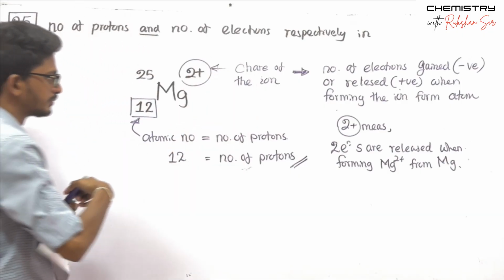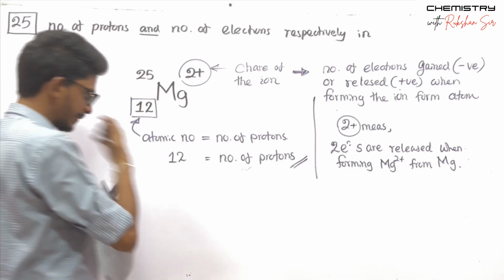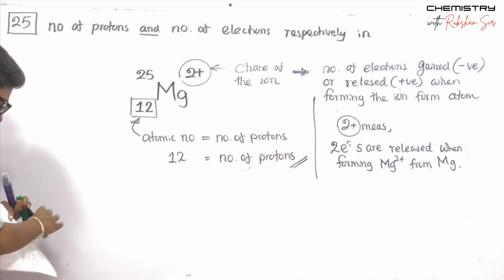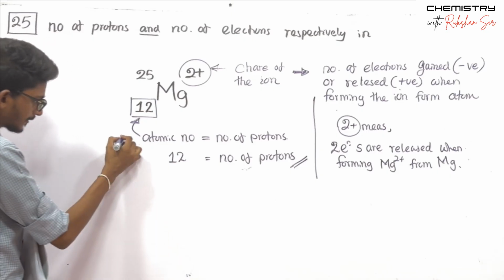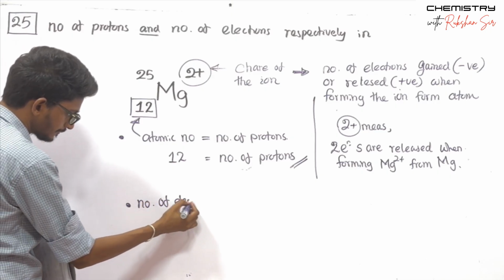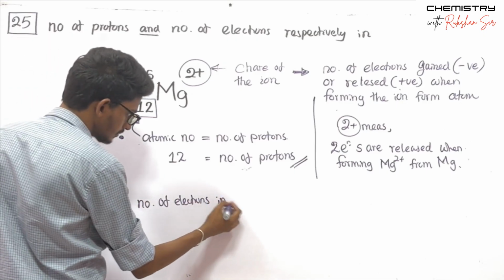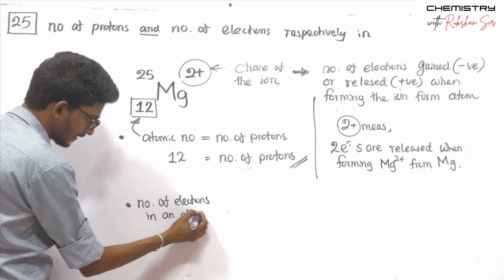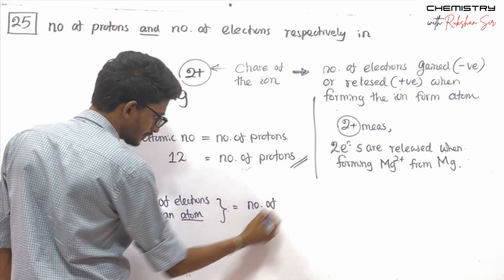Let's combine the two. The number of protons is done. Now the number of electrons. The number of electrons in an atom, not the ion, is equal to the number of protons.